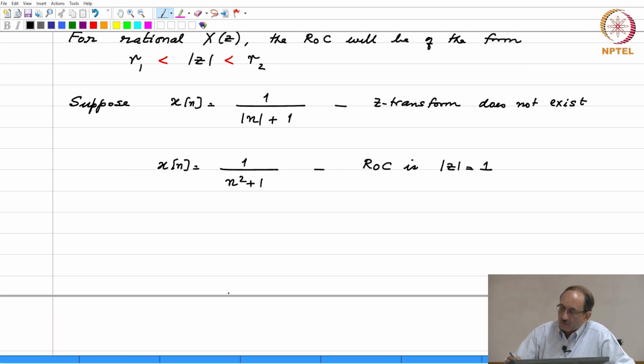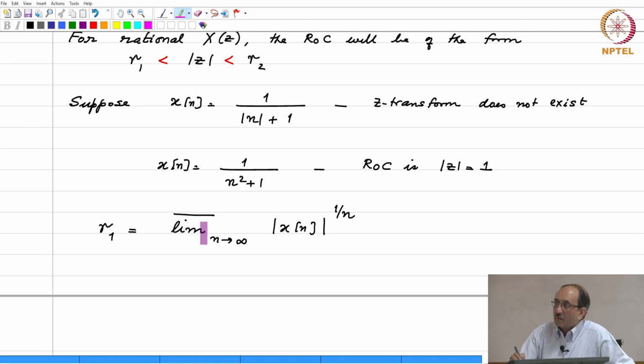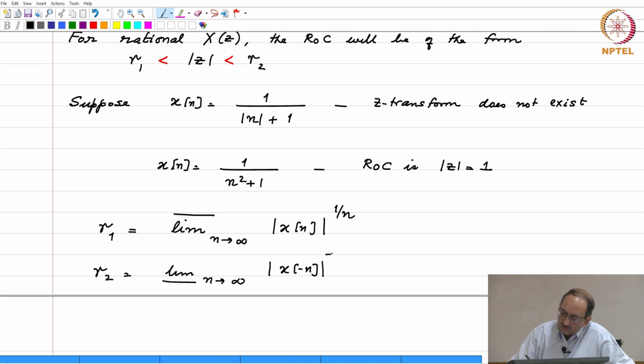If you ask the mathematicians to define R1, they will define R1 like this, with lim sup, and R2 will be lim inf of n tending to plus infinity x of minus n to the power 1 over n.